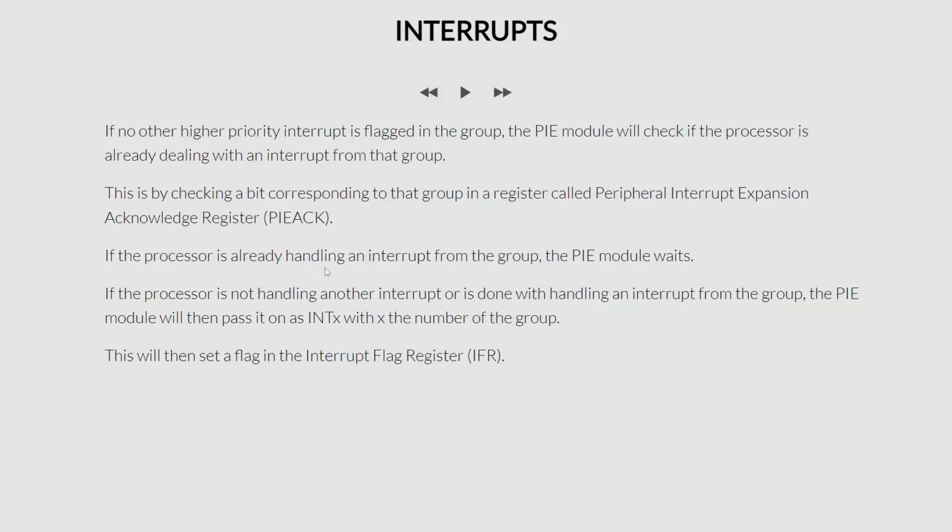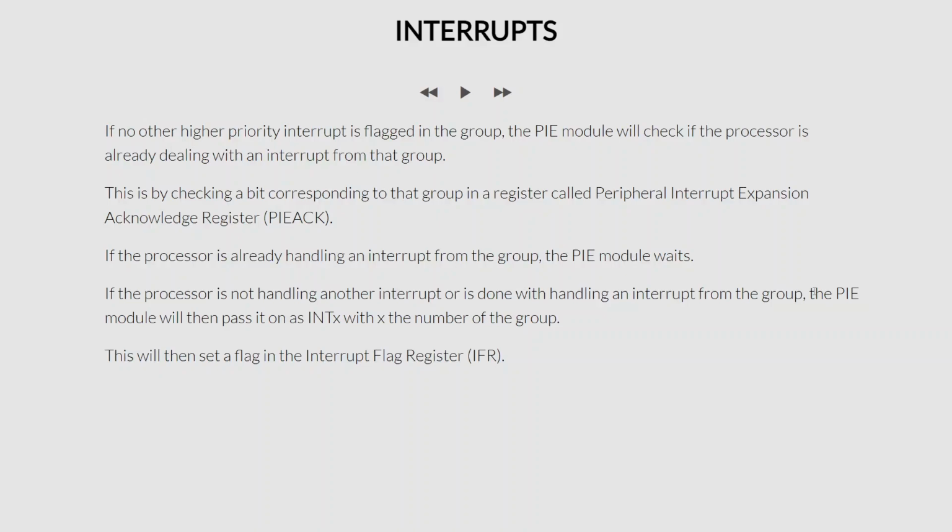If the processor is already handling an interrupt from the group, then that bit will be set, and in that case again the PIE module will wait. If the processor is not handling another interrupt from the group or is done handling an interrupt from the group, right? Let's say for example it just finished, that's also okay.